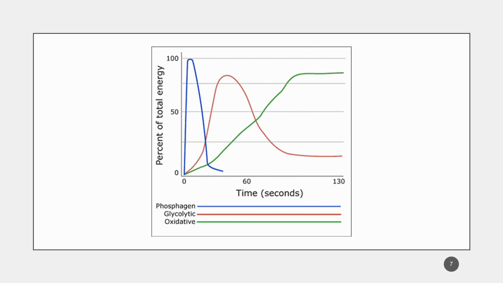But it only supplies us with a very short period of time of energy. Therefore, our glycolysis system has to take over. It provides us with energy for a longer period of time, but not for the long duration. In green, you see our oxidative system, our Krebs cycle. That's the system that you can see plateaus and can provide energy for hours on end as needed.